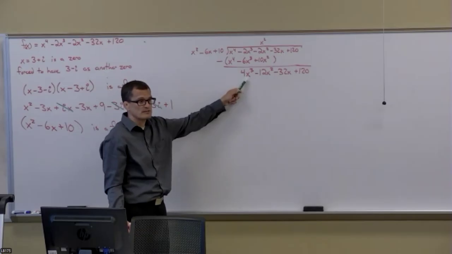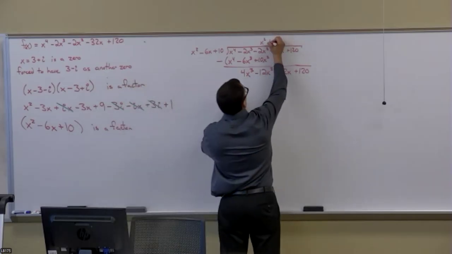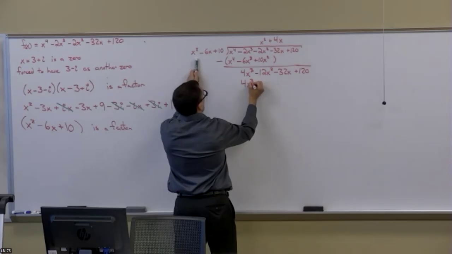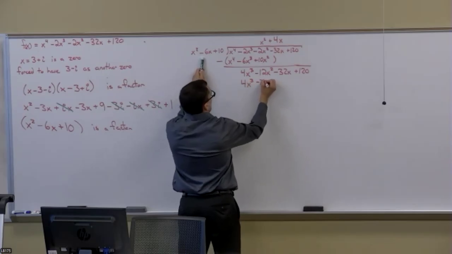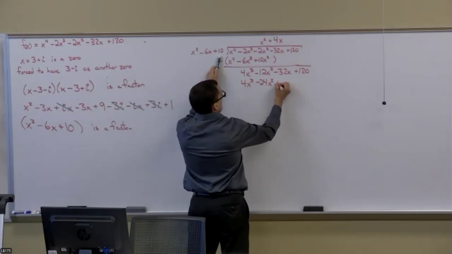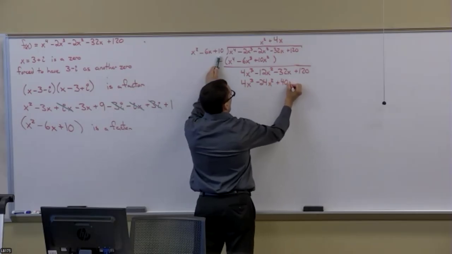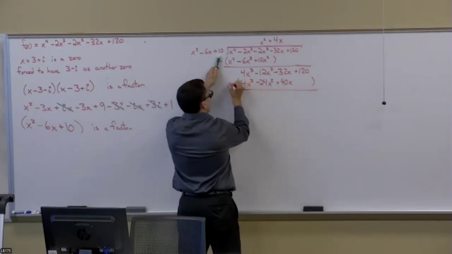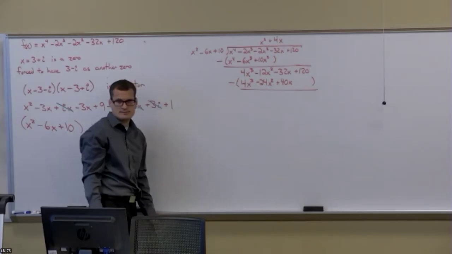That's just 4x. x to the third minus 24x squared plus 40x. Subtract.